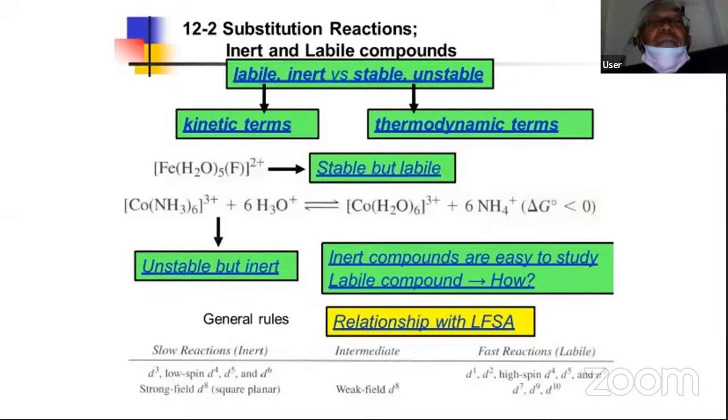All 6 ammonia will be replaced by water molecules. You can study the thermodynamics and find the Gibbs free energy is less. So that means this reaction is very favorable and can take place.